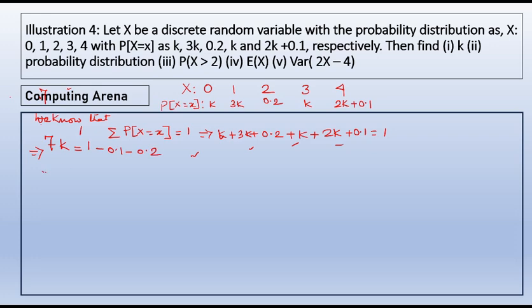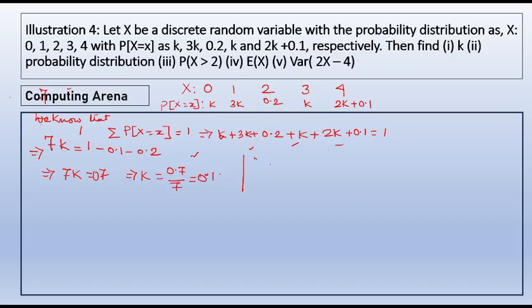So 7k equals 0.7, which implies k equals 0.7 divided by 7, equal to 0.1.